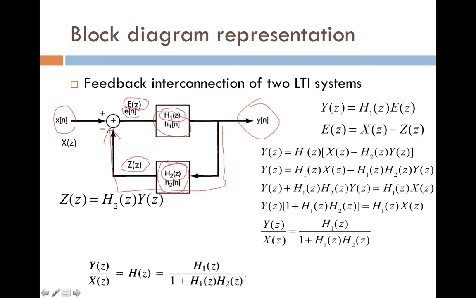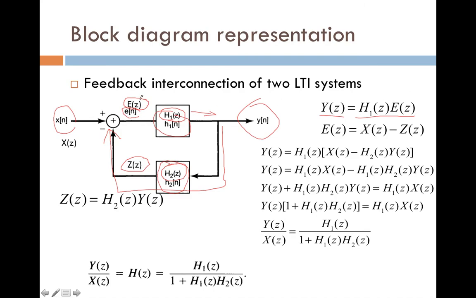Okay, now with this introduction we are going to write the equation. So Y of z, the z transform of y of n, we are getting from this particular feed forward block, which is the multiplication of E of z and H1 of z. That is, the input to the first feed forward block is E of z and H1 of z. Hence Y of z is equal to H1 of z into E of z. Now we have the error signal E of z.